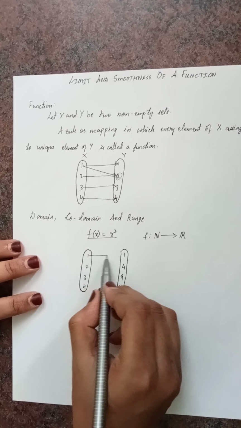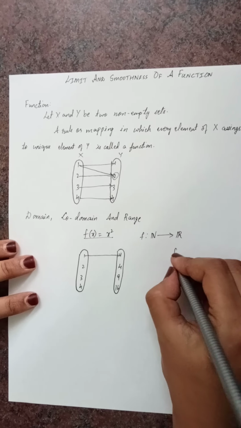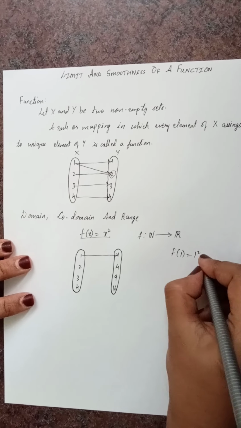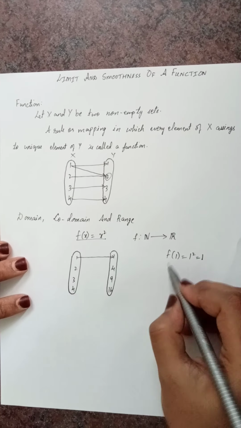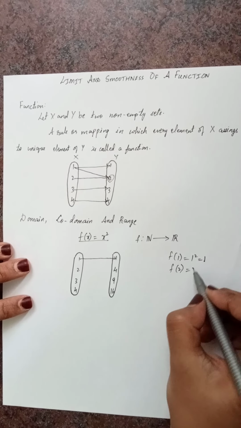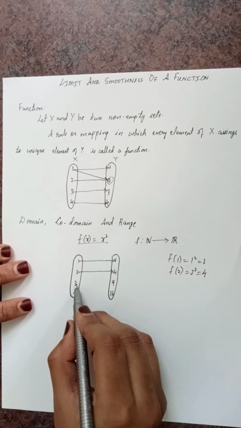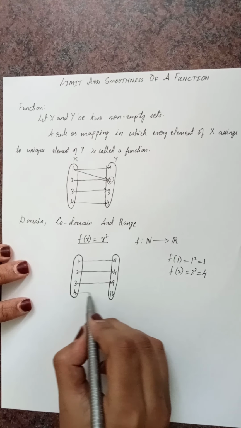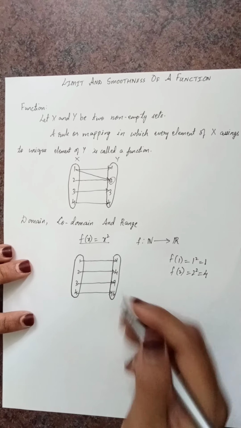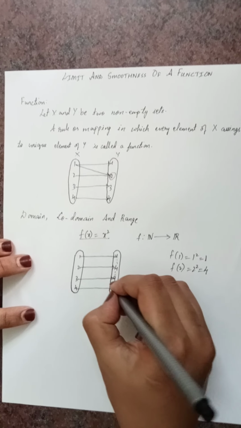So 1 is obviously mapped to 1. f of 1 is equal to 1 square, that is 1. So if I put f of 2, then I'll get 4. So 2 is mapped to 4, 3 is mapped to 9 and 4 is mapped to 16. Obviously there are many elements in between.